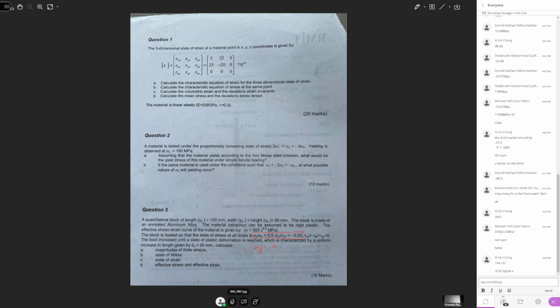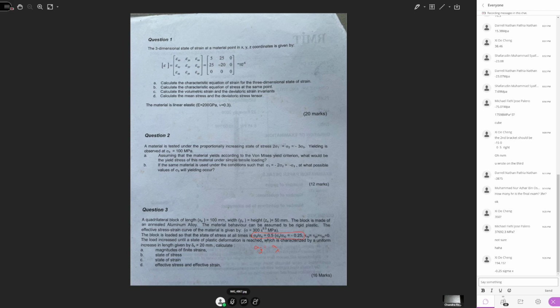Okay, so sigma z over sigma x is equal to 0.5, and sigma y over sigma x is equal to negative 0.25. From this, can you tell me what will be sigma y in terms of sigma x? Now you need to see this is 0.5 times sigma y over sigma x is equal to negative 0.25.